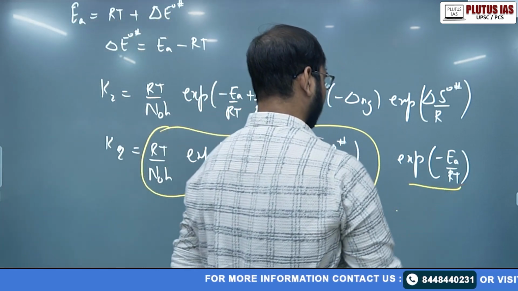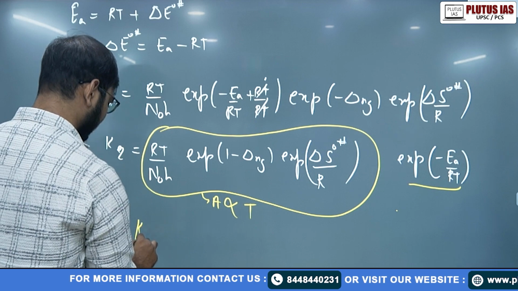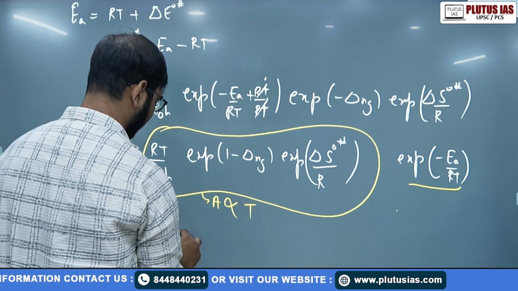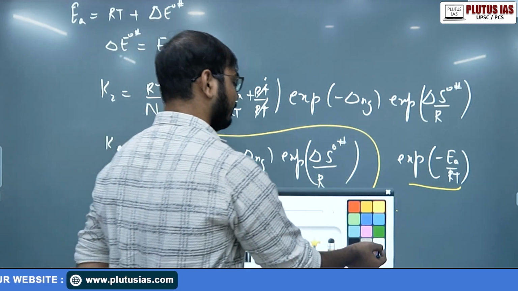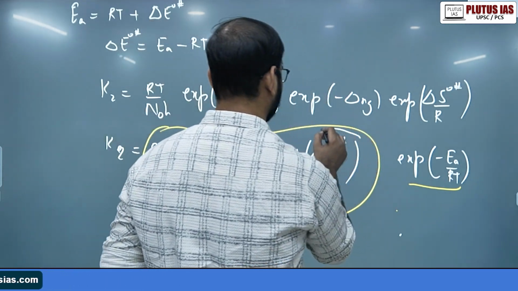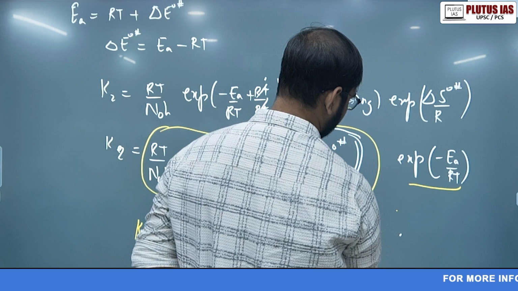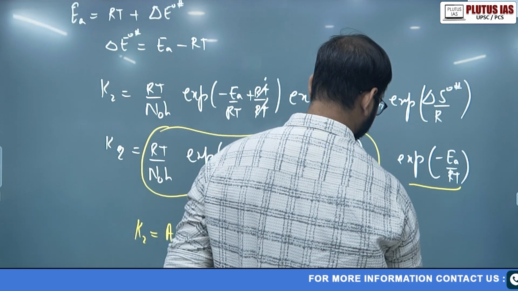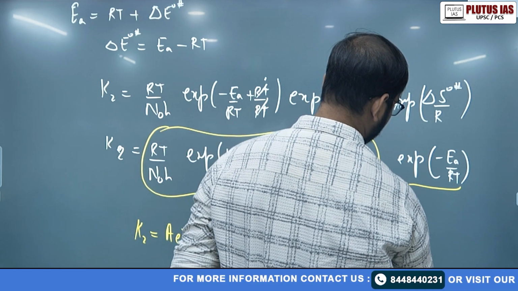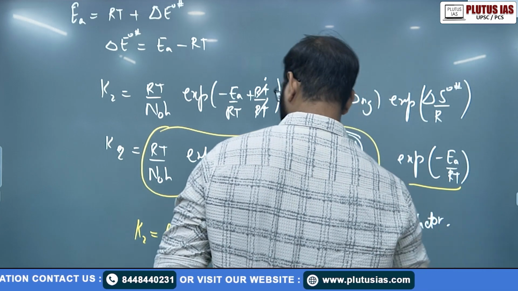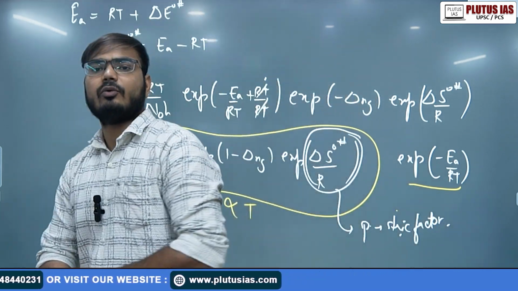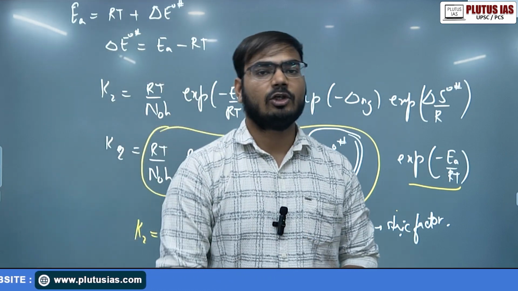This is equivalent to your Arrhenius equation, minus EA upon RT. If I compare it with collision theory, this particular factor represents your steric factor P. So this is how we derive the activated complex theory.